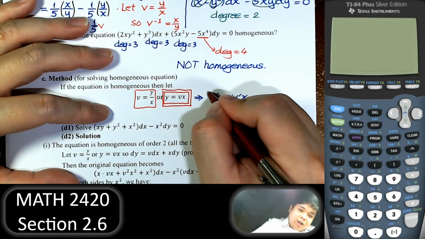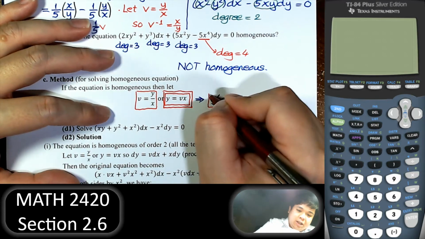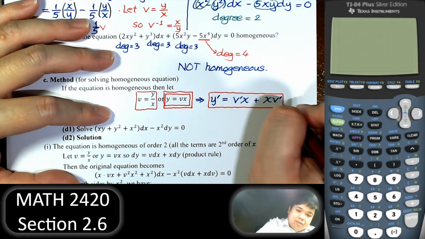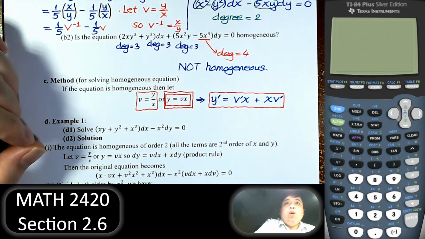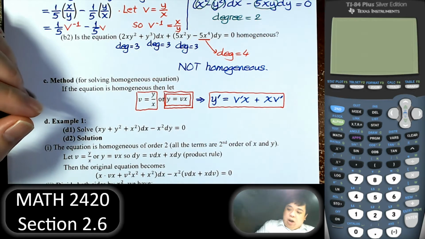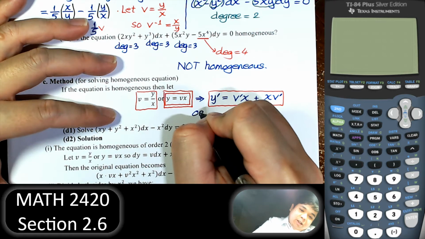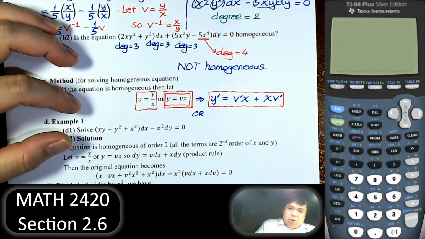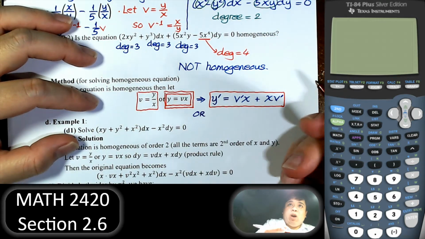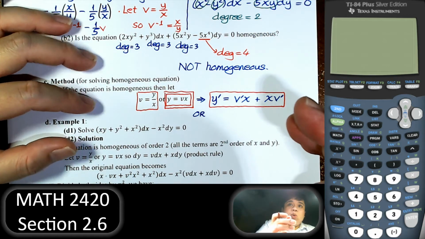Yes, so we can write y prime as that. Or if we want to, we can write in a different form of the product rule. So instead of writing y prime, we can write the derivative of everything with respect to x.